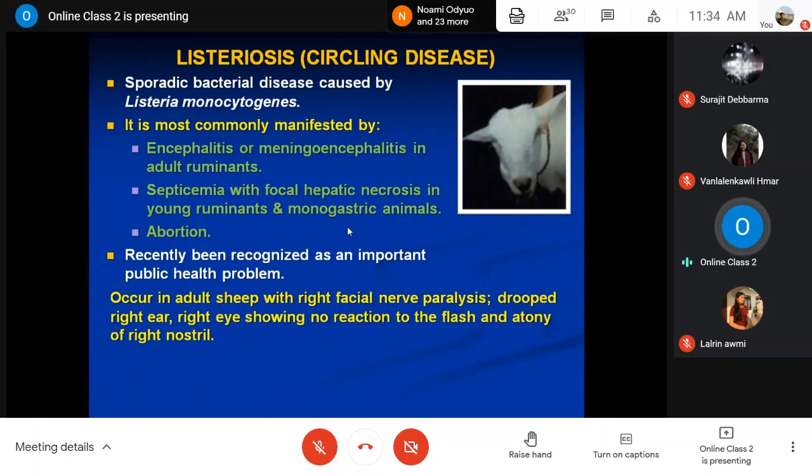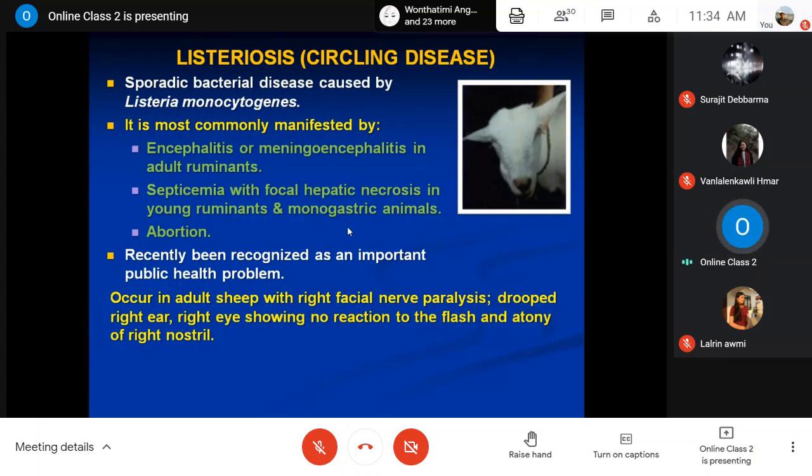Number one is listeriosis, commonly known as circling disease. It is a sporadic bacterial disease of animals, mainly caused by Listeria monocytogenes, characterized by encephalitis or meningoencephalitis in adult ruminants, and septicemia with focal hepatic necrosis in young ruminants as well as monogastric animals.